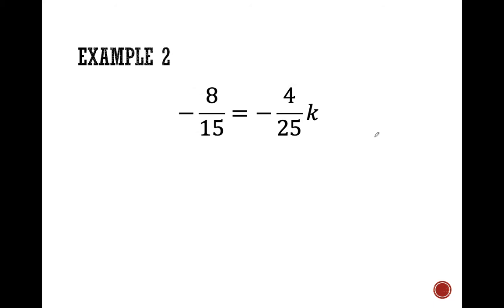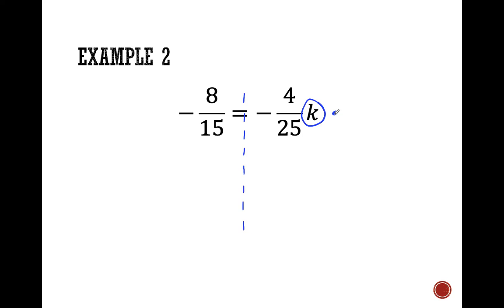Let's try another example. This one is negative 18/15 equals negative 4/25 k. So on this problem, our k is on the right side. So the number we want to cancel is the negative 4/25. Remember, your goal is always to cancel the number next to the variable.